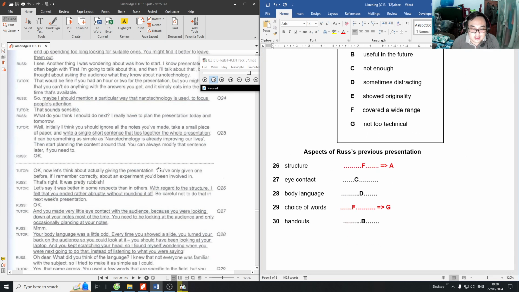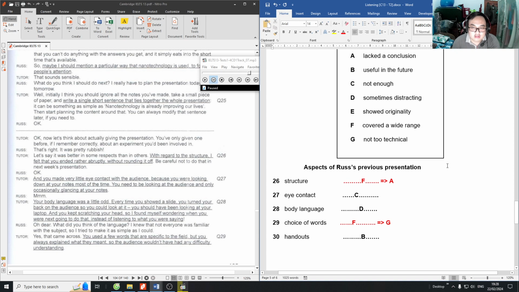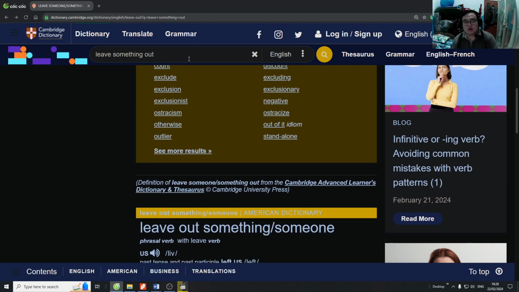All right, now 26. Structure. Let's say it was better in some respect. Abruptly. Not cover all of it.